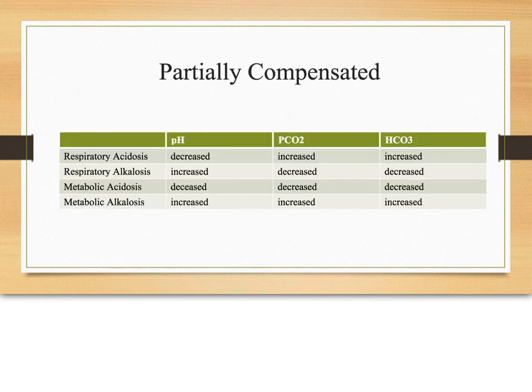So here's a chart that just talks a little bit about partially compensated blood gases, and it lists the 4 different abnormalities that we might see. So respiratory acidosis. Certainly with respiratory acidosis, we know the pH is decreased. The PCO2, since a respiratory cause, is going to be increased. That's that COPDer who gets the flu and is retaining CO2 and not breathing so well. So we know that their PCO2 is going to elevate.